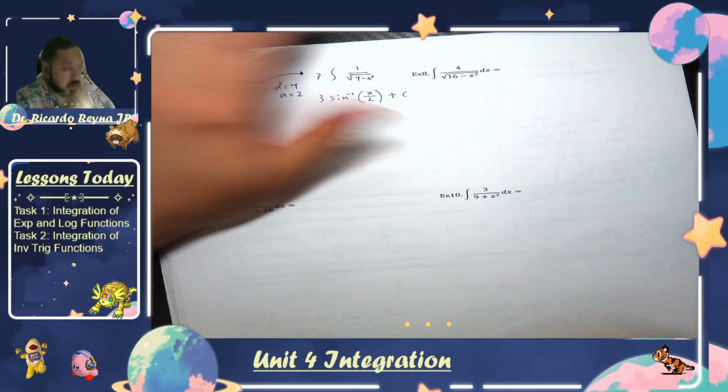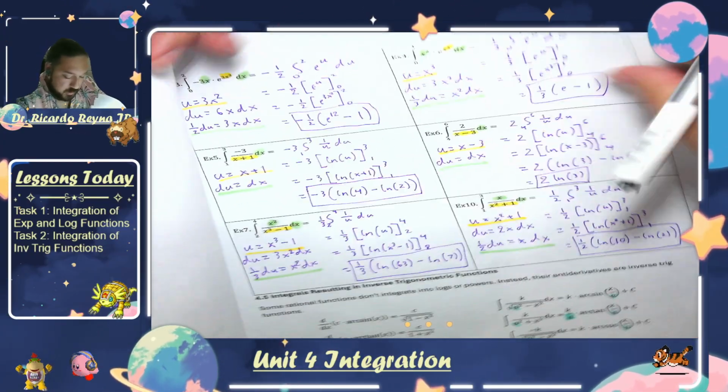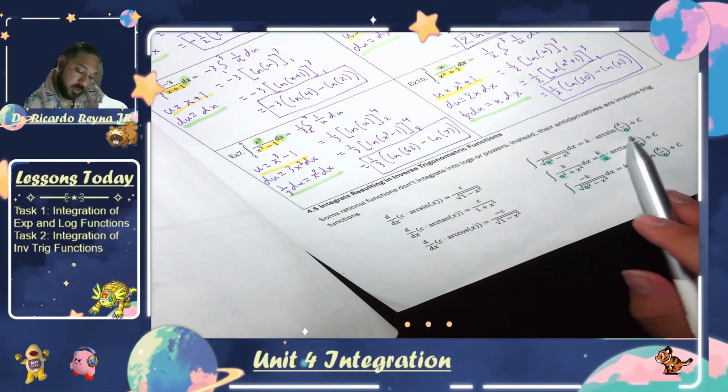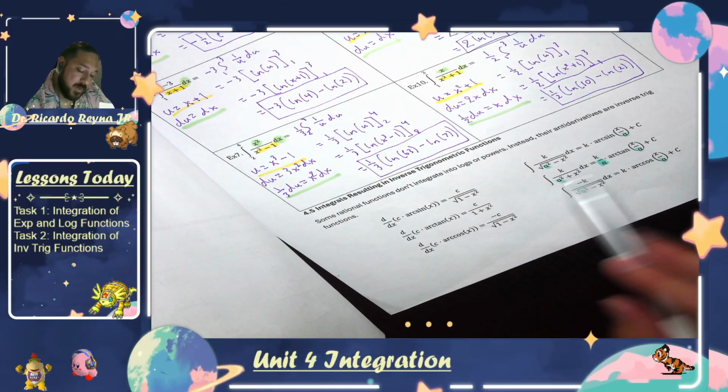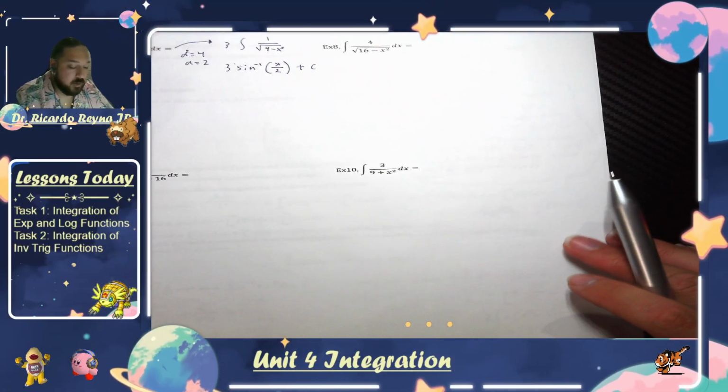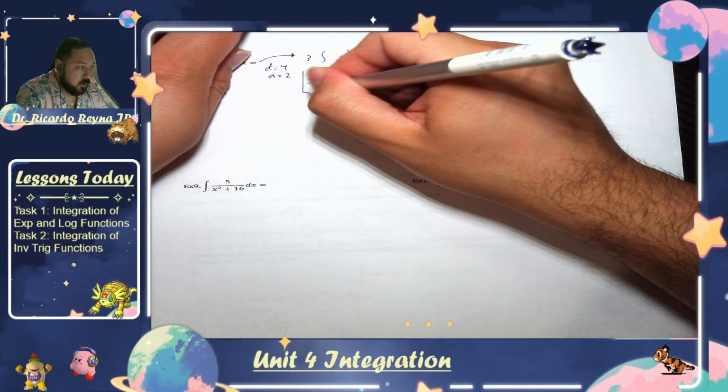So that's pretty much it. We're just copying and pasting the formula at that point. The only one where that a becomes a bit more important is the arctan, but you'll see it pop up, so we should be good.